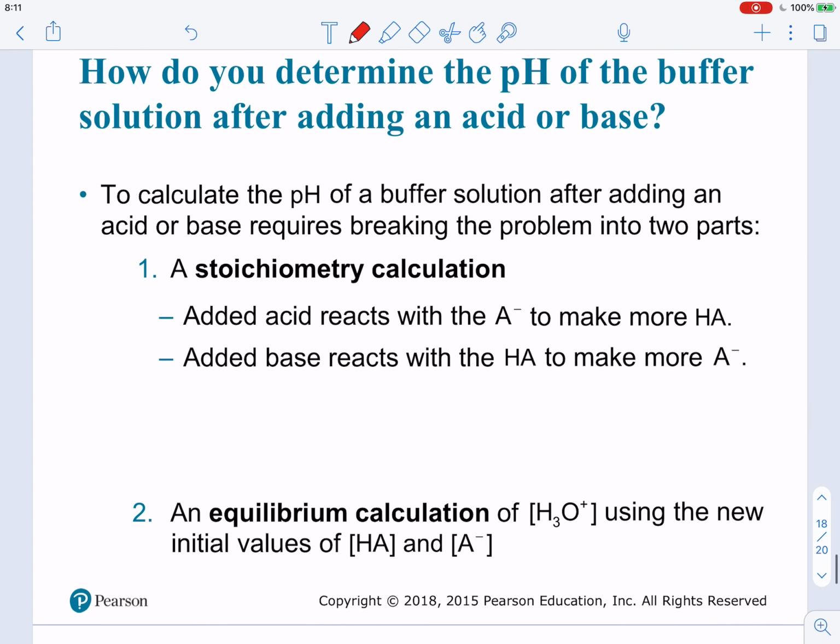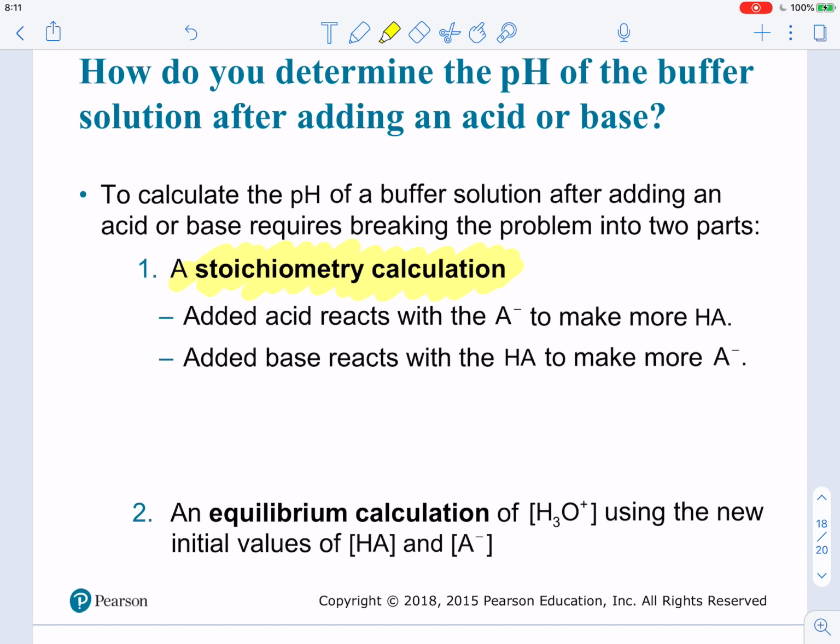So then what does it take to calculate the change in pH when you add acid or base to this buffer solution? Well, you have two steps here. First, you have to apply stoichiometry so that you know how much of the acid is being consumed, how much of the base is being consumed.